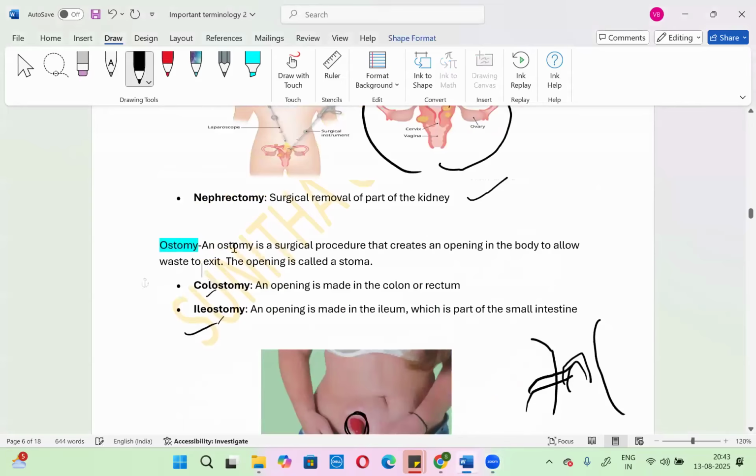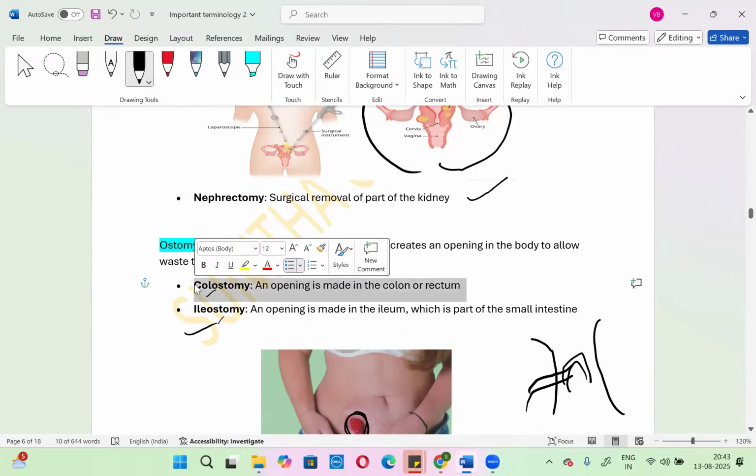Okay. Ectomy is done. Next is ostomy. Don't write all this, just write ostomy means creating an opening in the body.